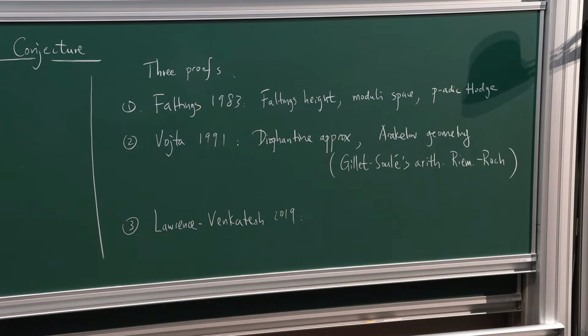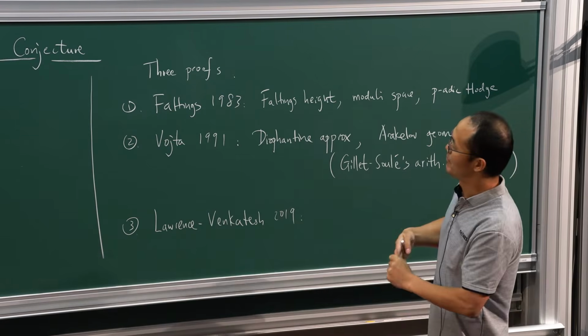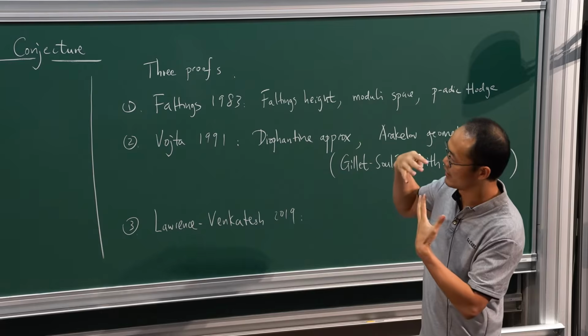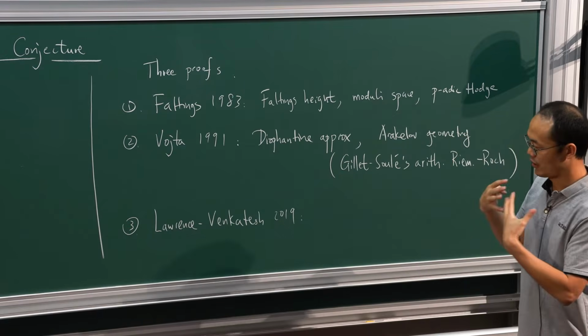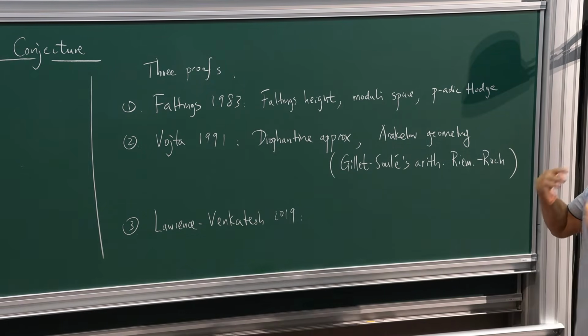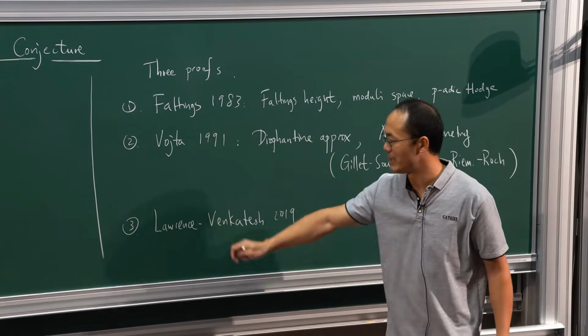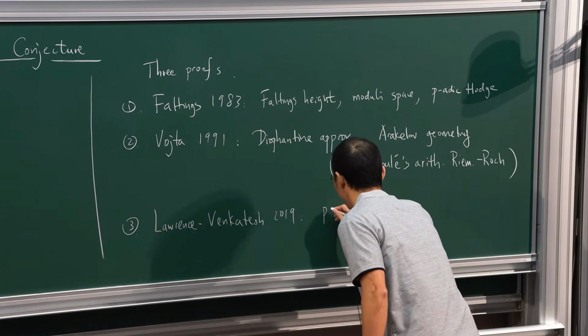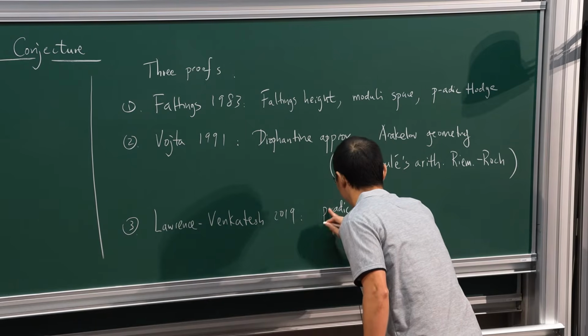So LV's proof at the beginning overlaps Faltings' proof. Convert the counting of points to counting of curves by this Kodaira-Parshin construction, and then convert to counting of abelian varieties. But then after that, they reduced the problem to a local p-adic problem. And then the major part of their proof is this p-adic Hodge theory.